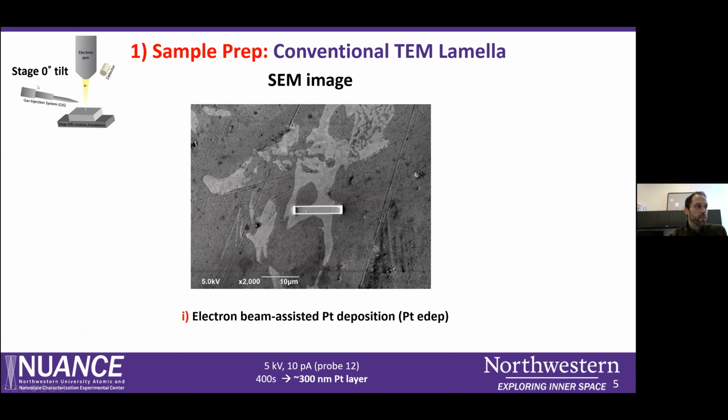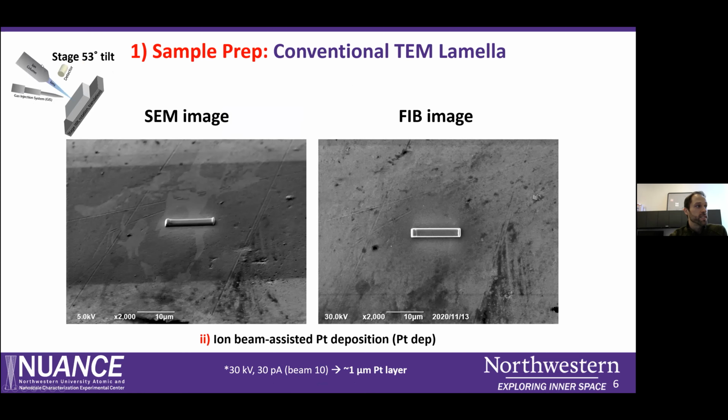So as I mentioned before, we can insert a gas injection system, and we can use the electron gun to deposit a little bit of platinum on a region of interest before tilting the stage 53 degrees in this case towards the ion gun, and then deposit some more platinum.